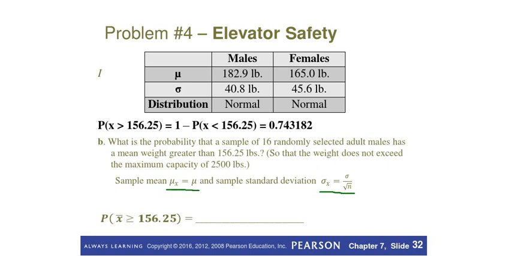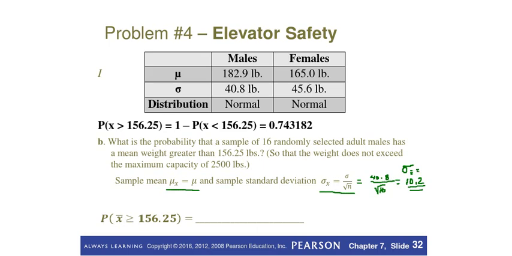That means 40.8 divided by the square root of 16, and if you work that out, that is 10.2. So now we're going to use 10.2 as our standard deviation of our sample means of size 16.